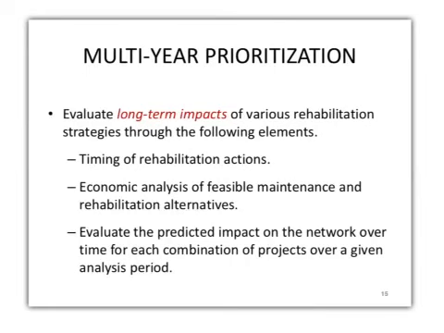The network level has several projects, and we need to see, if we are fixing half of the projects, what would be the impact on the network level versus more or less than half. So, the effect of the project level on the network level in general.